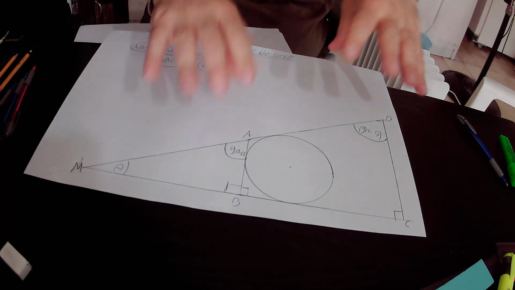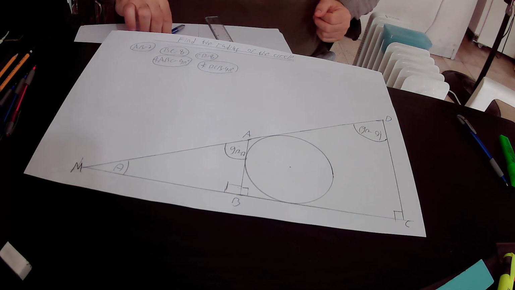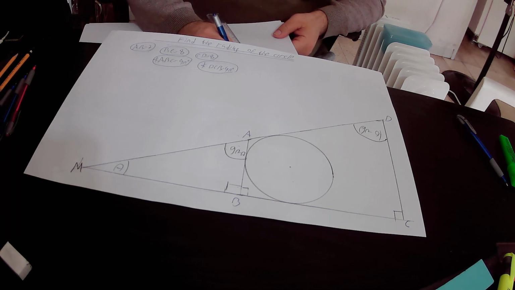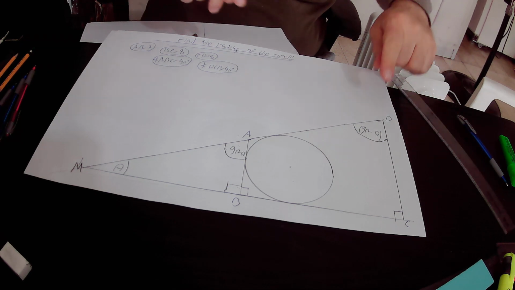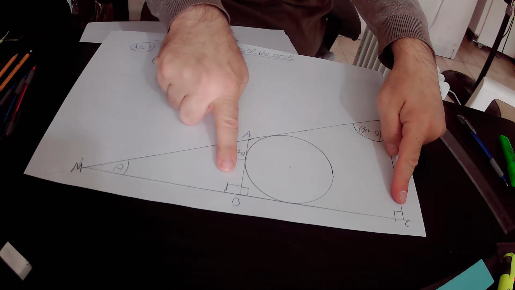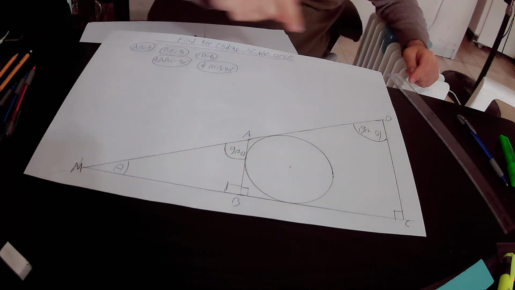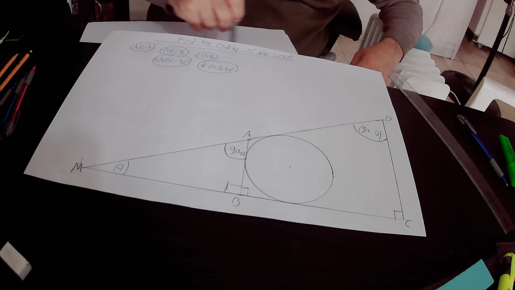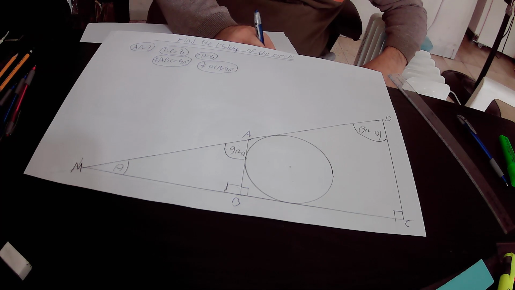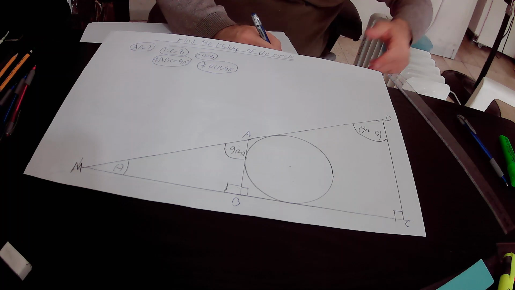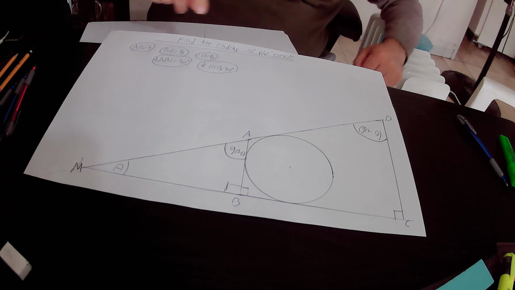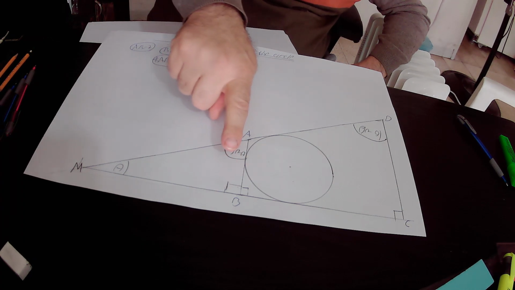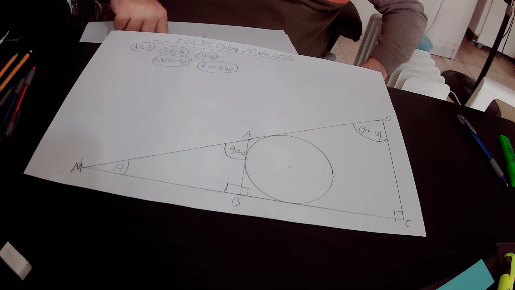So, why are those two right triangles similar to each other? First of all, those two angles are both equal to 90 degrees, therefore they are equal to each other. So, this is angle DCM in the big right triangle DCM, and it is equal to this angle, angle ABM in the small right triangle ABM.